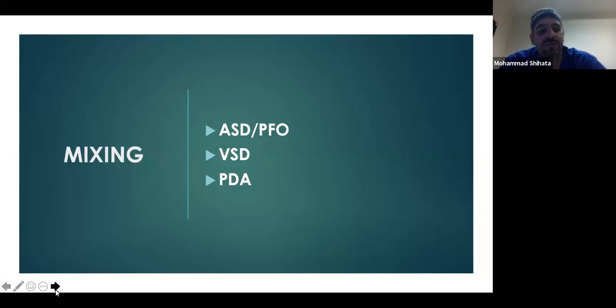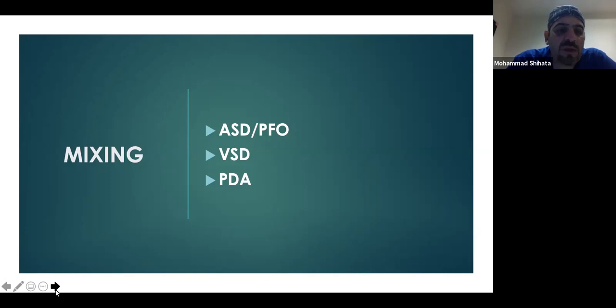The PDA is another site for mixing, and a lot of these patients are kept on prostaglandin post-birth, especially in remote hospitals, to allow for some degree of mixing until they're transferred to the treating hospital.